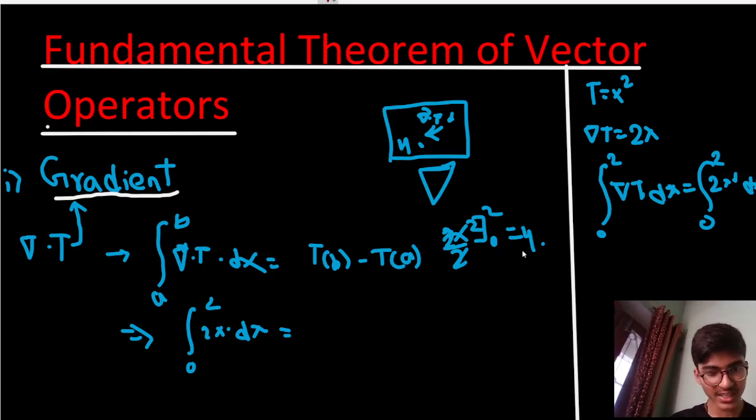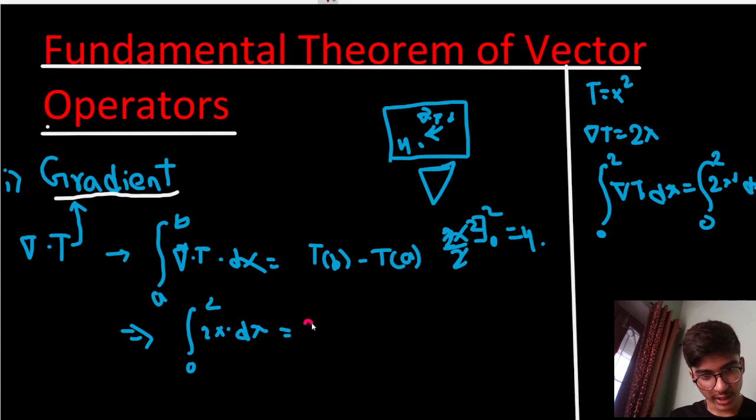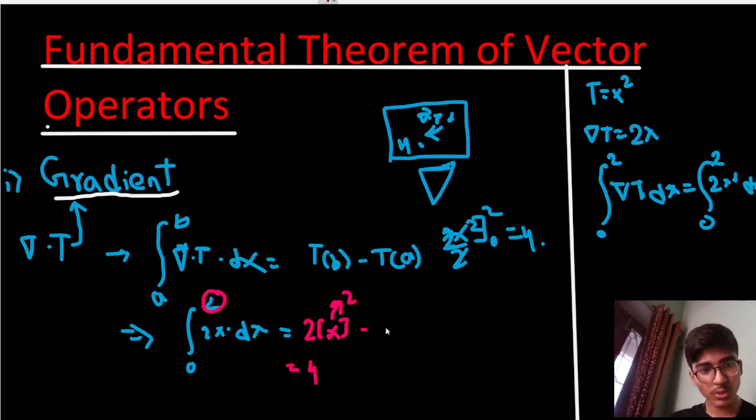What the fundamental theorem says is that you just put in the value of x as 2, because you can see here it is T at b, and b here is 2. So 2 times b, which is 2, equals 4, minus T at a.